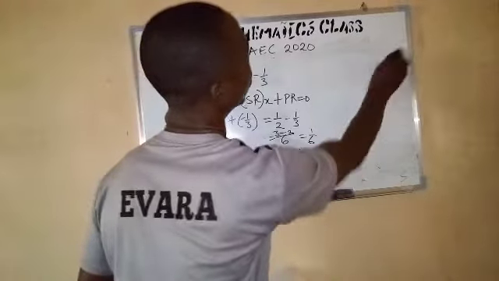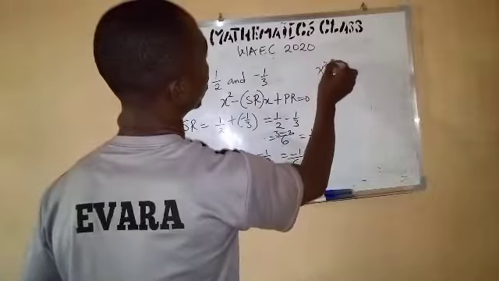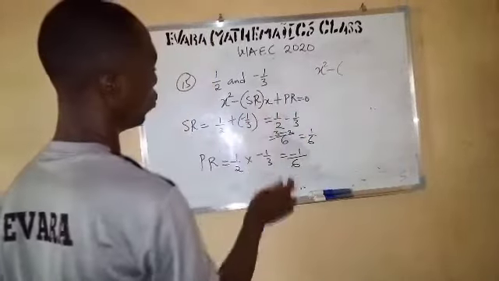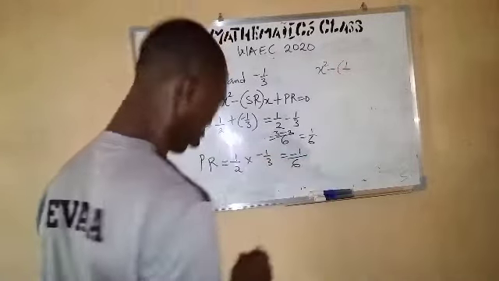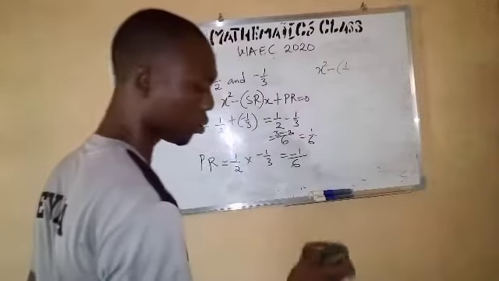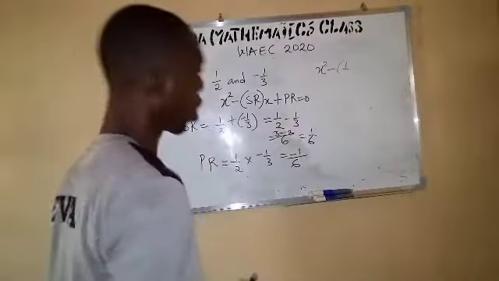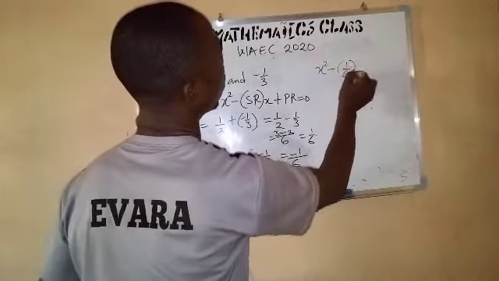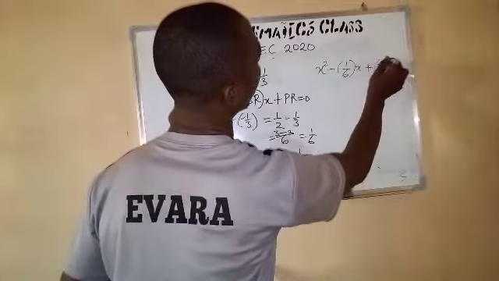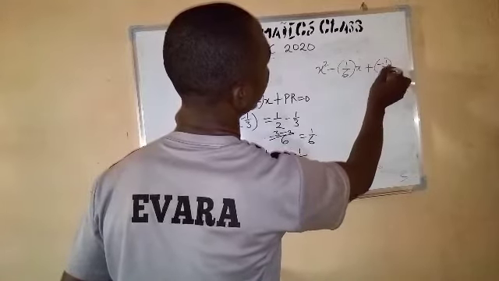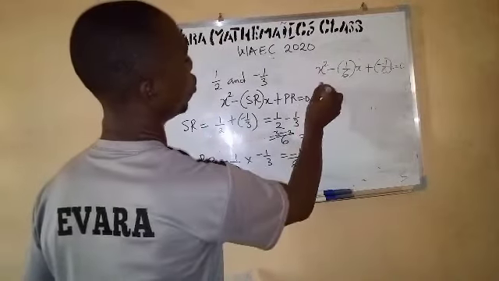So now the equation is going to be x squared minus sum of roots, which is 1 over 6, x plus the product of roots, which is minus 1 over 6, equals 0.